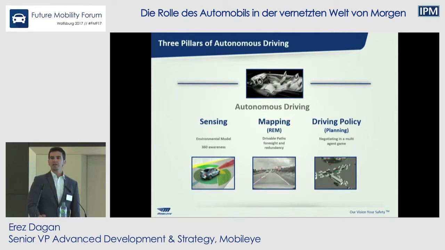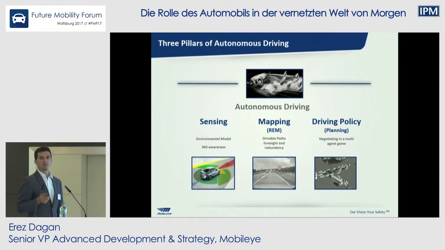Mobileye has identified three areas where there are very challenging problems, or three pillars of realizing autonomous driving. The three of them would be perception of the environment in full, understanding where you're driving, what's around you. Mapping the environment, we will link the two in a second.